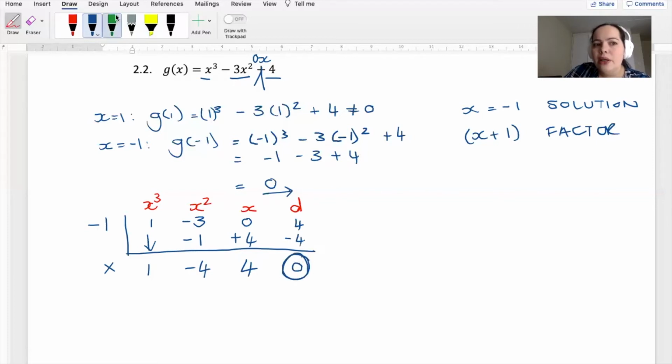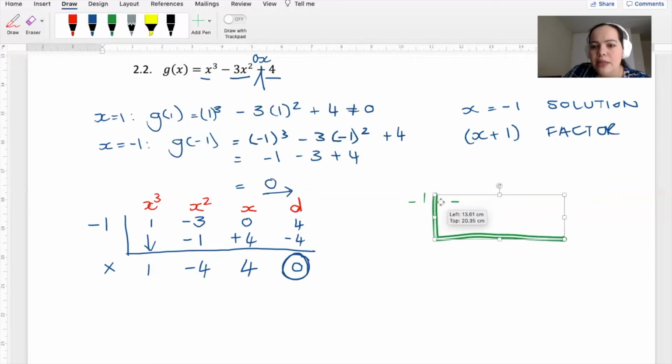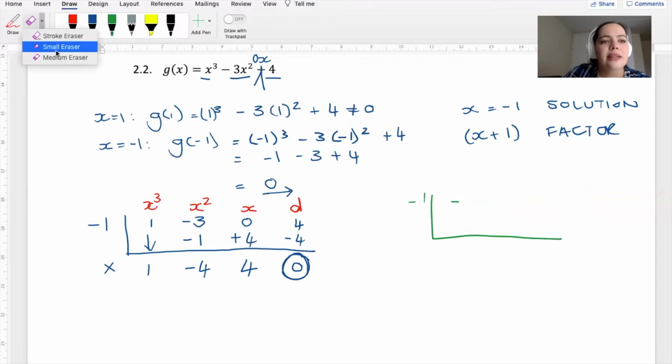Now, what I want to do here in green is just show you what would happen if you forgot to put the 0. So let's draw our little synthetic division box and say we just forgot to add that 0 in. Let's see what this would look like. Okay, so we put 1, we put minus 3, and then we put 4.